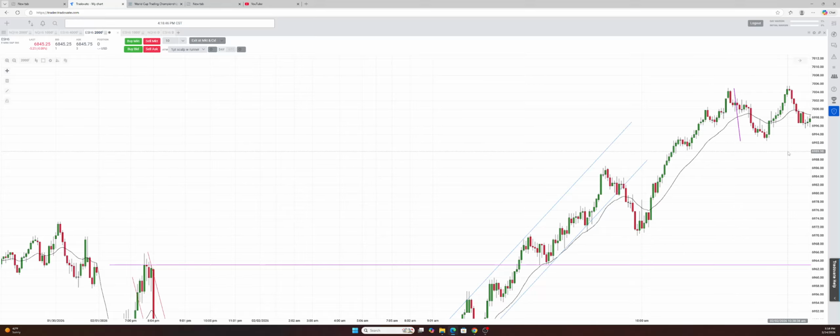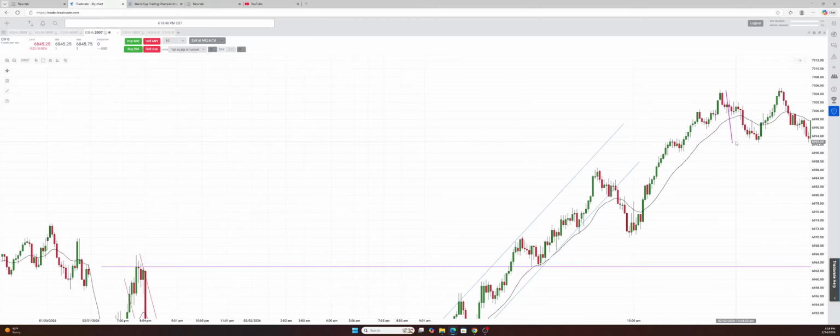All right, and then we're pushing back down again. You can see the two legs there, but you never know what you're going to get. You just have to watch as the market develops.